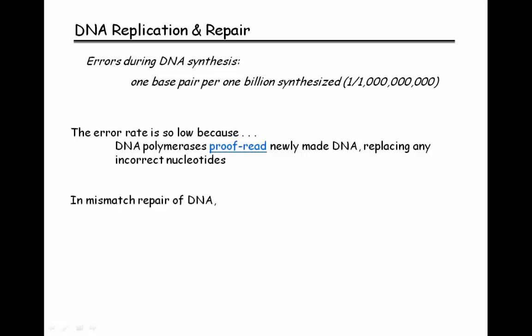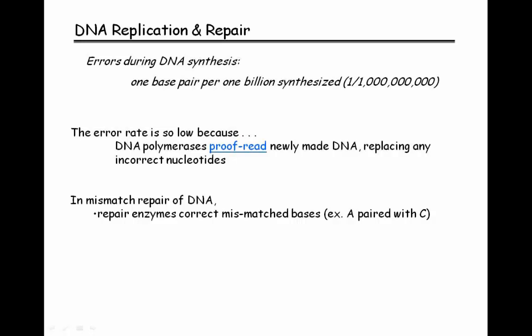We do have a couple different mechanisms in place to replace any errors that squeak by. One of those is called mismatch repair of DNA. In mismatch repair, we're talking about one base that happens to be incorrect. In that case, we have specific enzymes that are scanning through the DNA and detecting that.